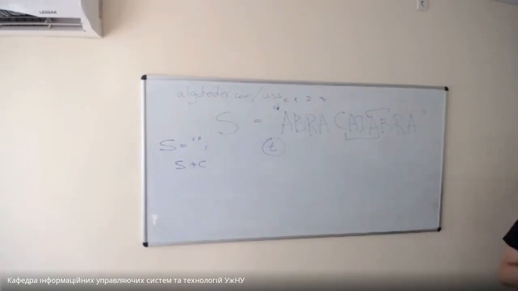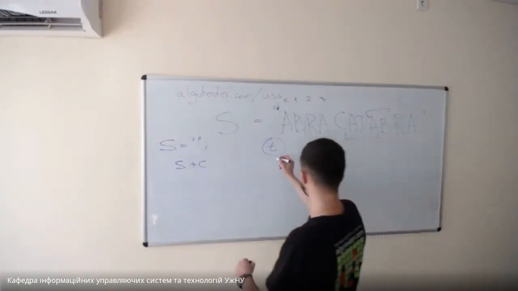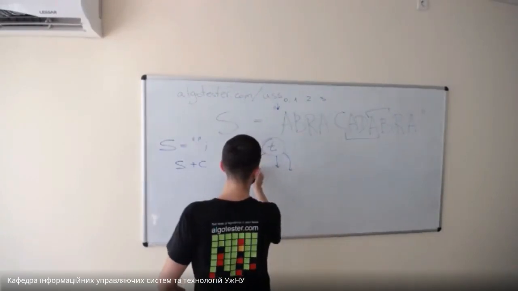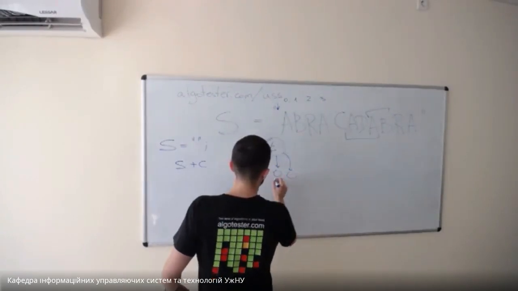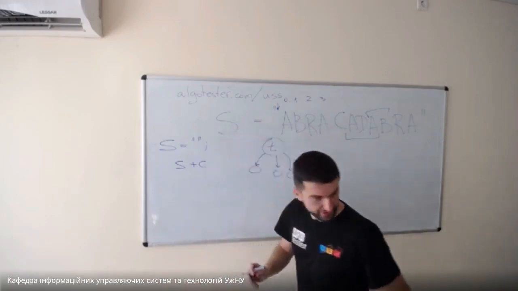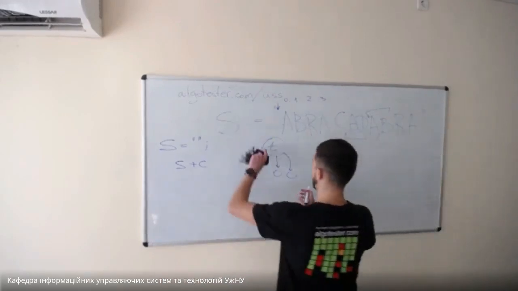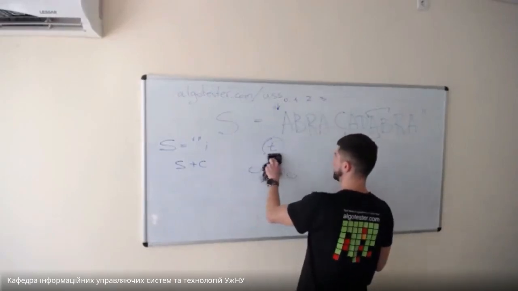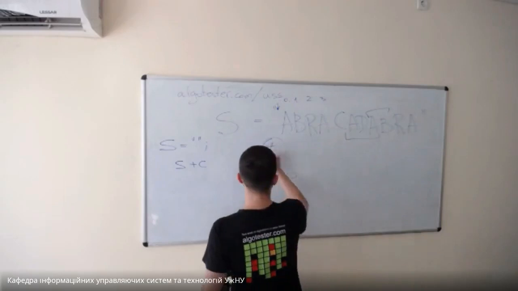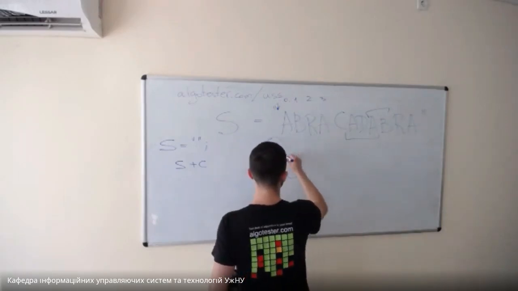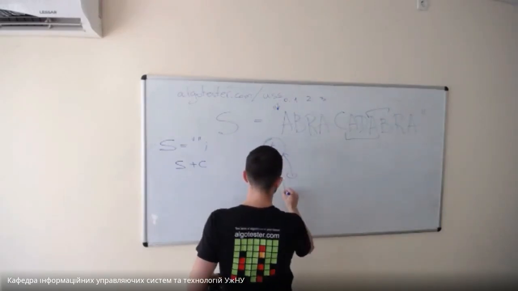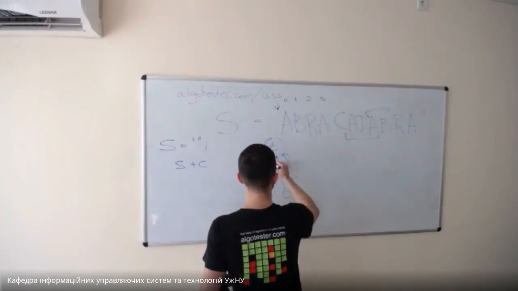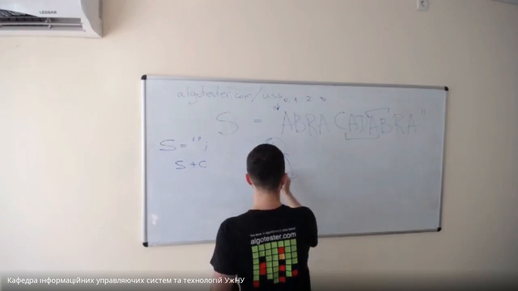So now let's assume we have some suffix automaton already built for string S. So these are suffix links, and these are some transitions.